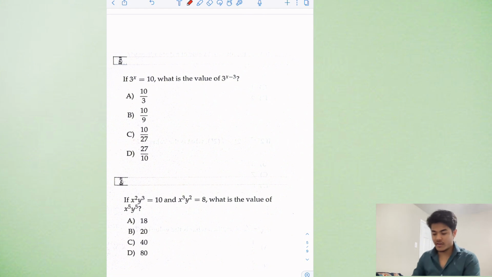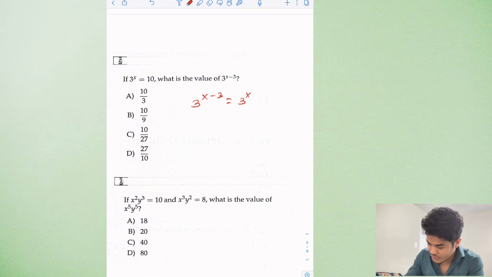Now let's go to question number 5. If 3 raised to x equals 10, what is the value of 3 raised to x minus 3? All right, so 3 raised to x minus 3 can be written as 3 raised to x over 3 cubed. And we already know that 3 raised to x equals 10, so we can substitute that value: 10 over 3 cubed.